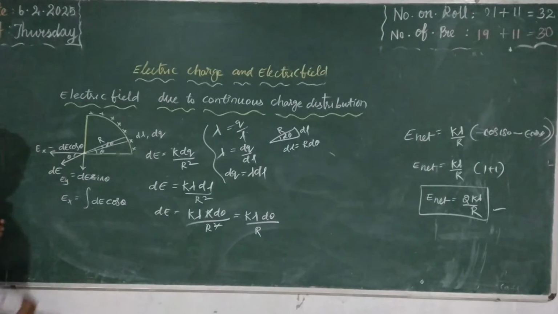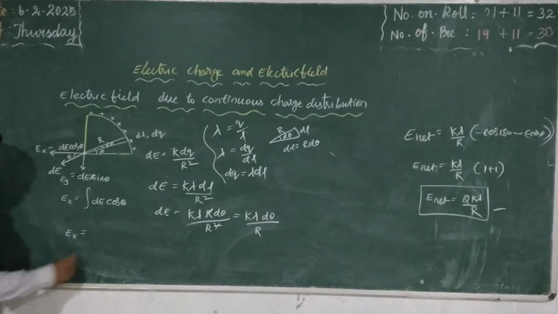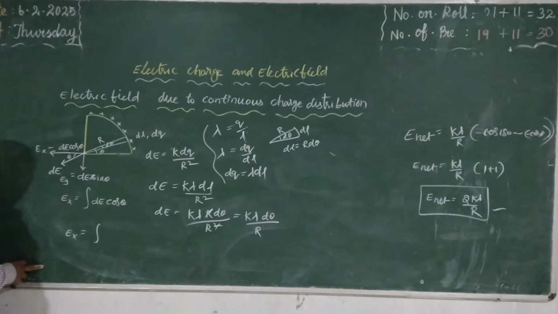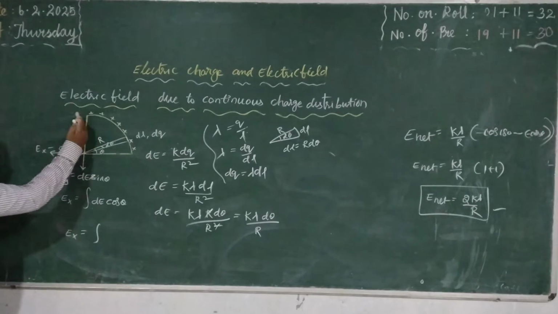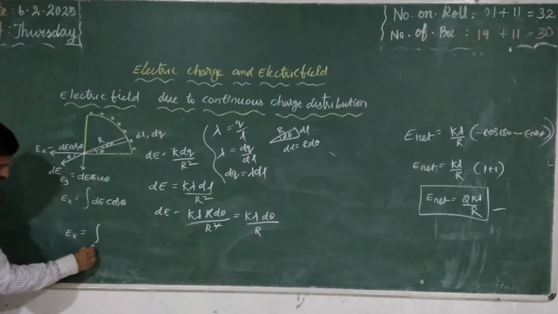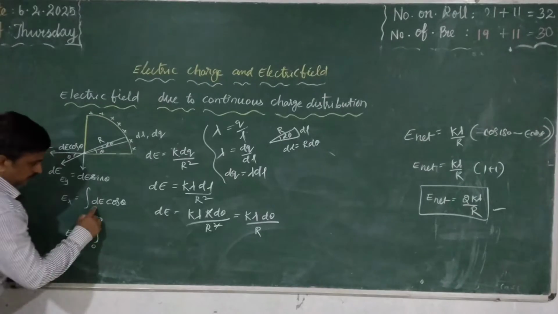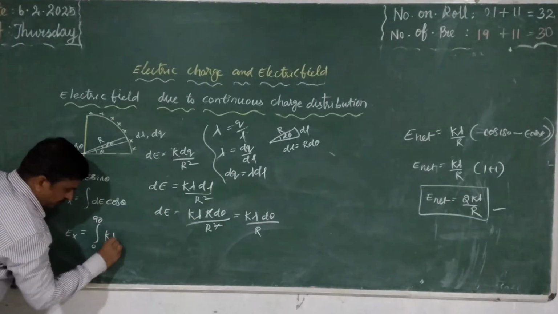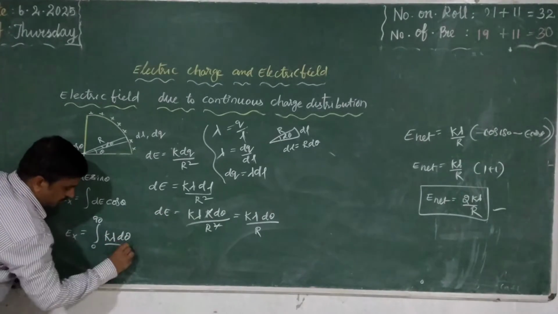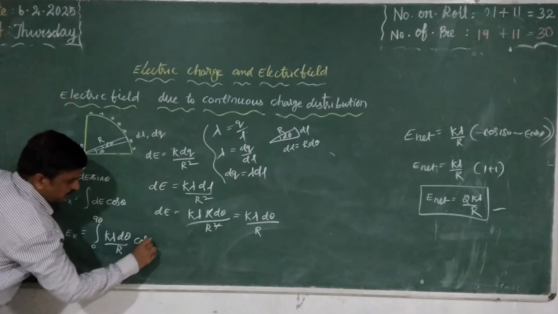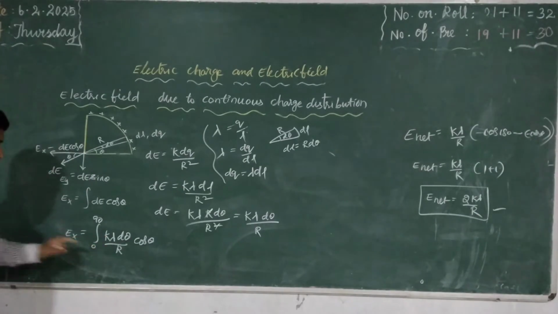Instead of this dE we can write Ex, the electric field along the x axis, that is the integral. What is the interval here? 0 to 90. So dE means k lambda d theta by r cos theta. k lambda by r is constant.